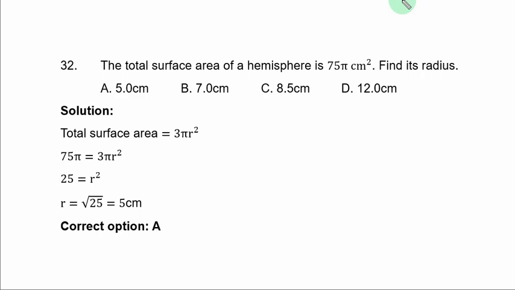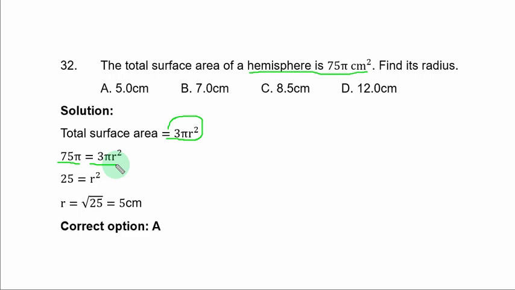Question 32. The total surface area of a hemisphere is 75 pi square centimeters. Find its radius. Solution. Total surface area of a hemisphere is given by 3 pi r squared. The area in the question is 75 pi, which is equated to 3 pi r squared.